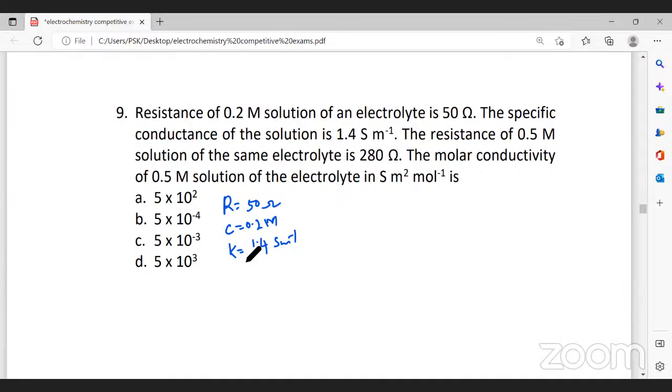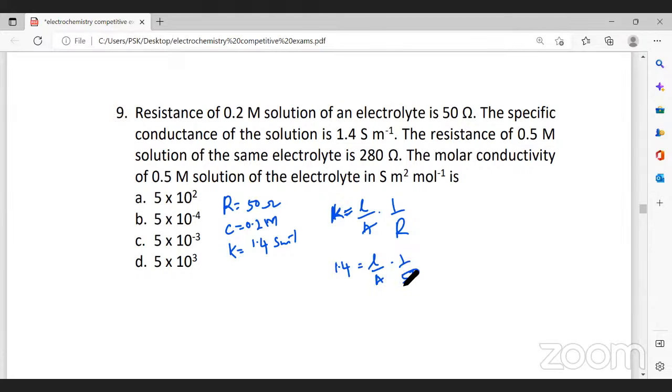Now from this data, we can calculate the cell constant. Kappa is equal to L by A into 1 by R. Specific conductance or conductance is inversely proportional to resistance. So conductance is directly proportional to length and inversely proportional to A. They have given specific conductance as 1.4, L by A they have not given, resistance they have given to be 50.